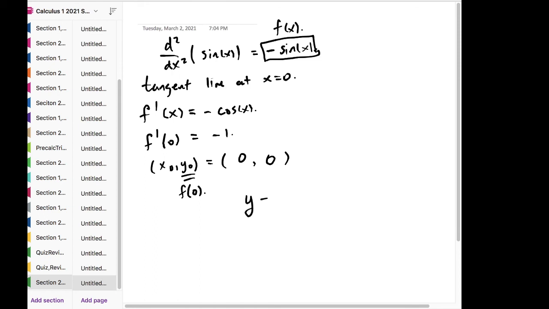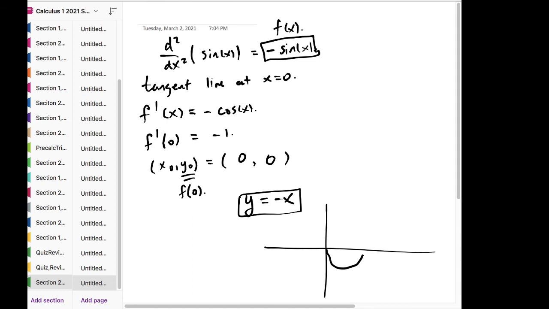It's y equals negative x. So this kind of makes sense by the picture. This is negative sine. And then that's the tangent line. Any questions about that one? Okay, let's keep taking derivatives.